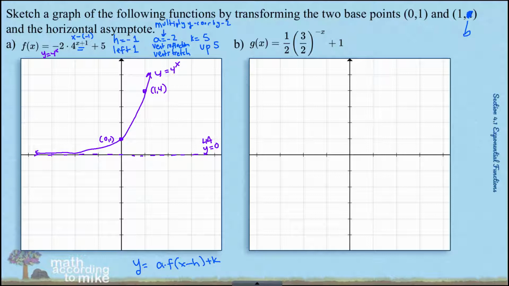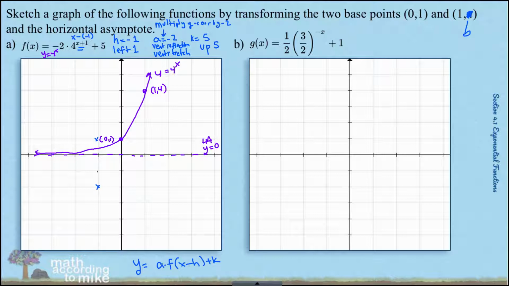So for example, 0, 1, we're going to move it left 1 because that's what H says to do. Puts us right there at negative 1, positive 1. We're going to multiply the y coordinate by negative 2. Then we'll be at negative 1, negative 2. And now we'll take that point and move up 5.